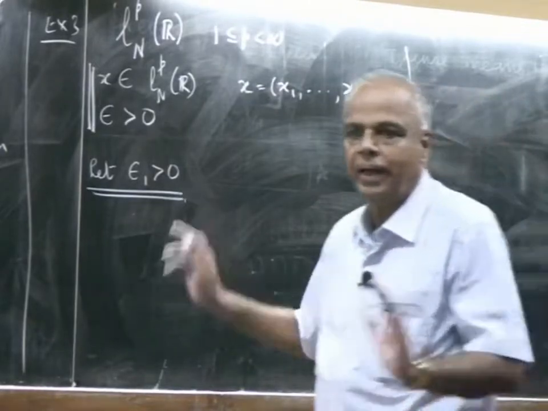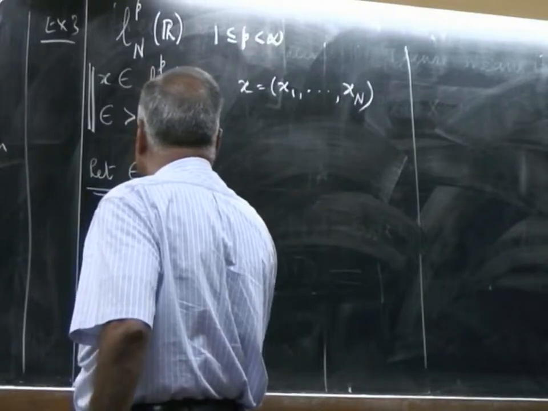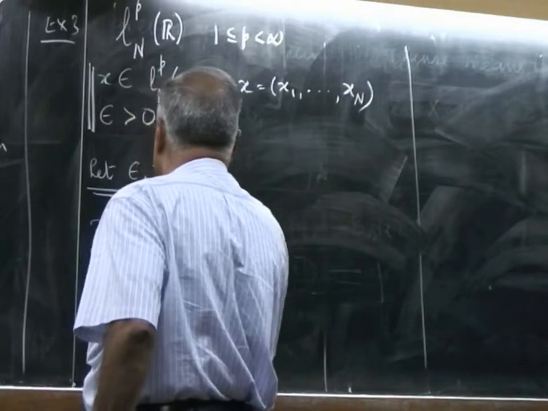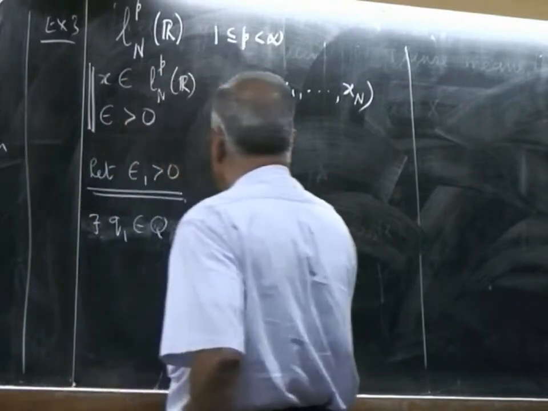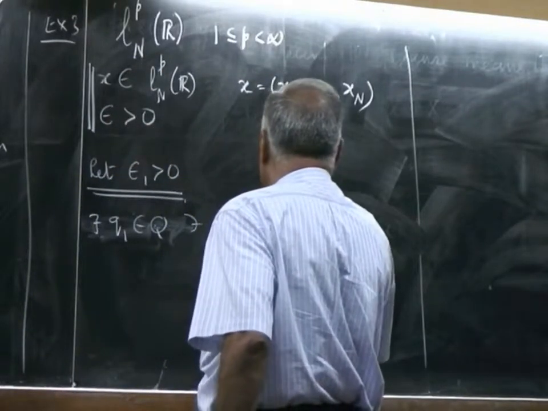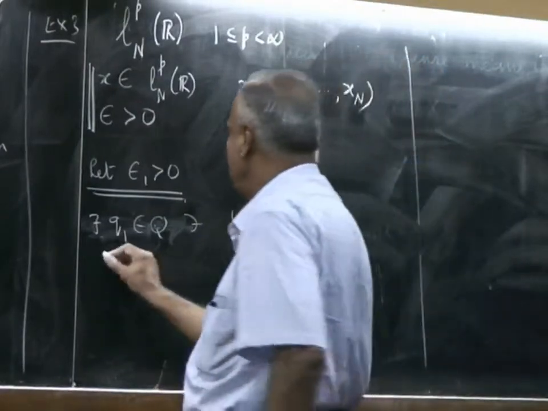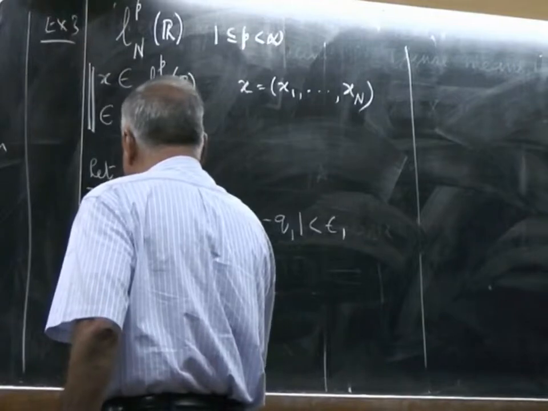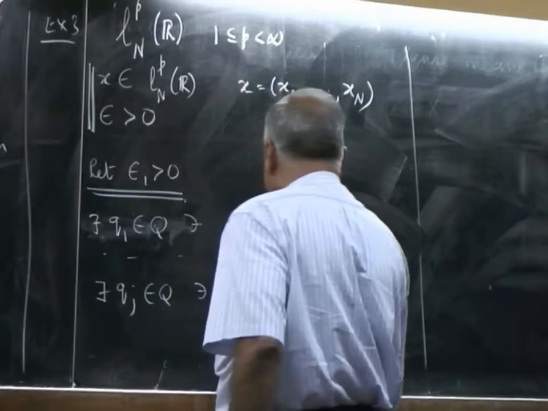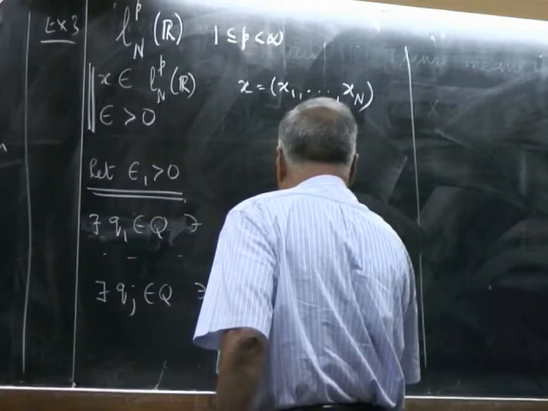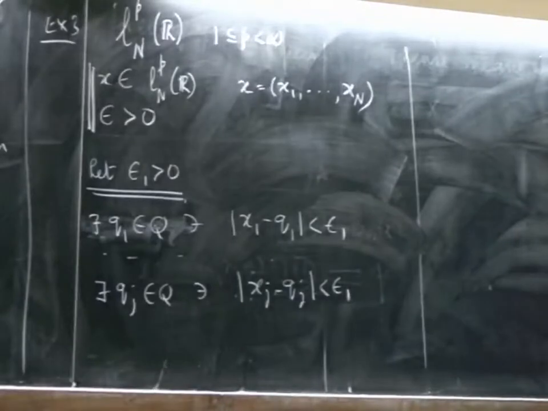Take an arbitrary error epsilon 1, then x1 can be approximated: there exists a q1 in Q such that mod x1 minus q1 is less than epsilon 1. And we can do this for everything. So there exists qj belonging to Q such that mod xj minus qj is less than epsilon 1.